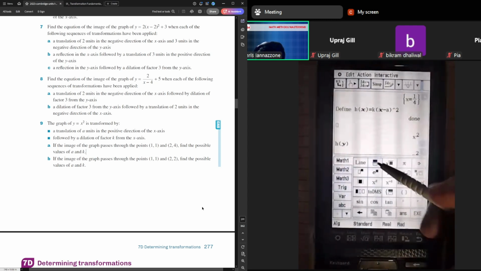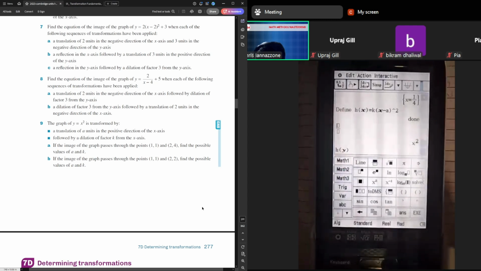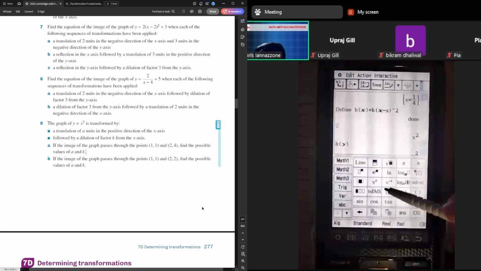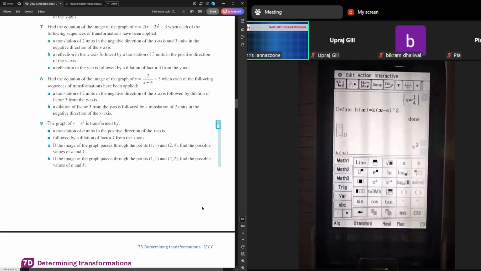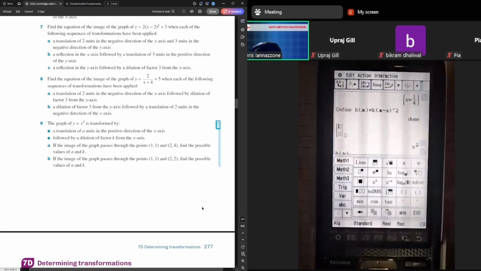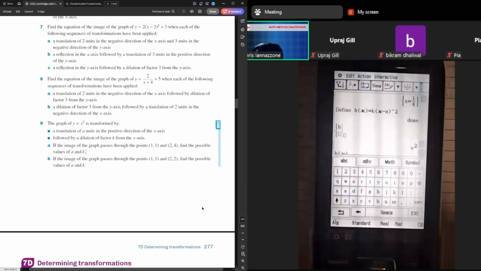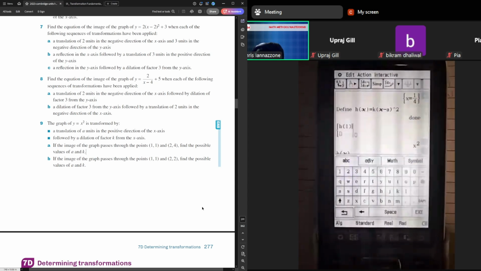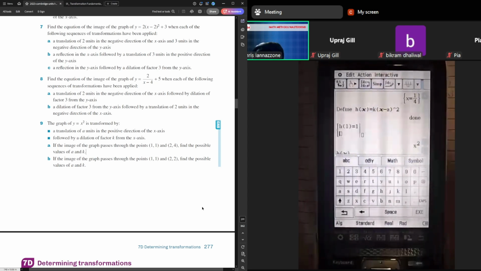So, no, that's not the right button. There it is. And now again, we can do our h of 1 equals 1, and so on. h of 1 equals 1, and then h of 2 equals 4.